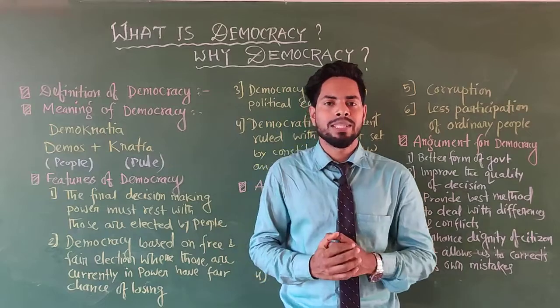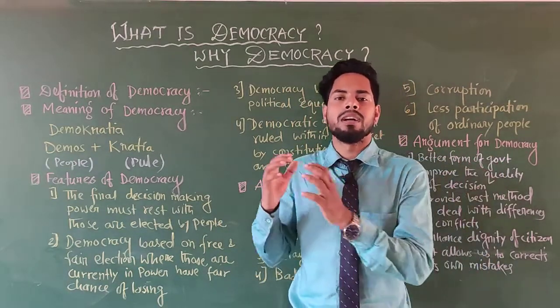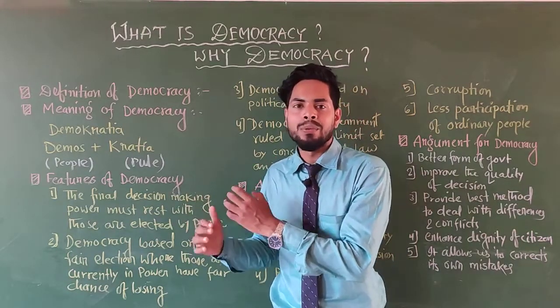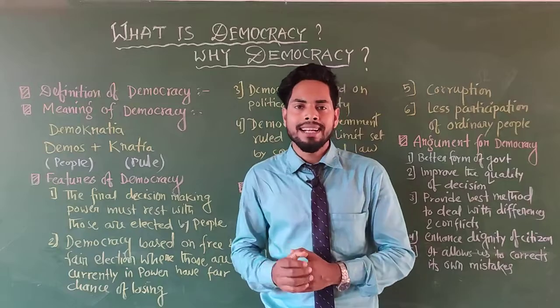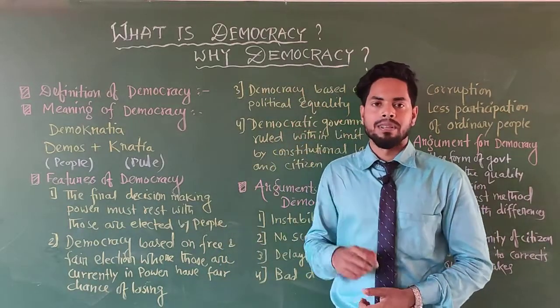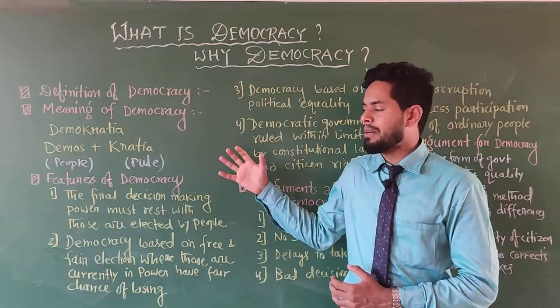Another definition of democracy is: democracy is a form of government in which rulers are elected by the people. Rulers are elected by the people. So next we move and see the meaning of democracy.